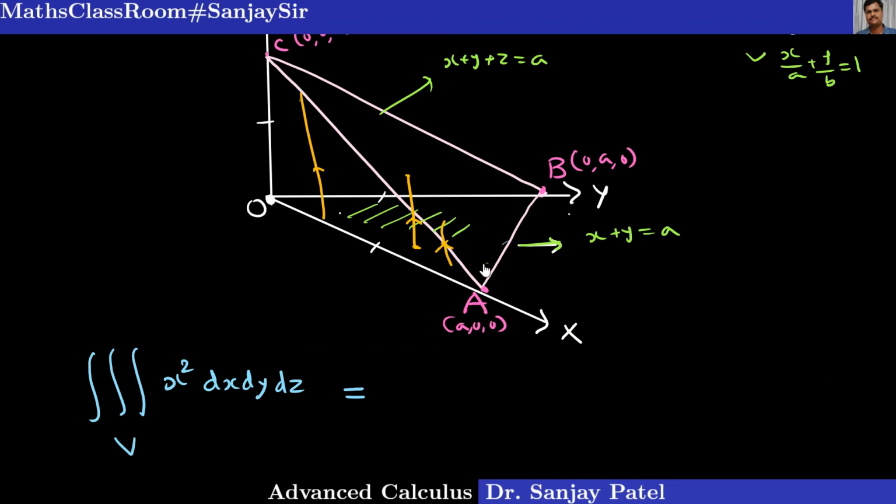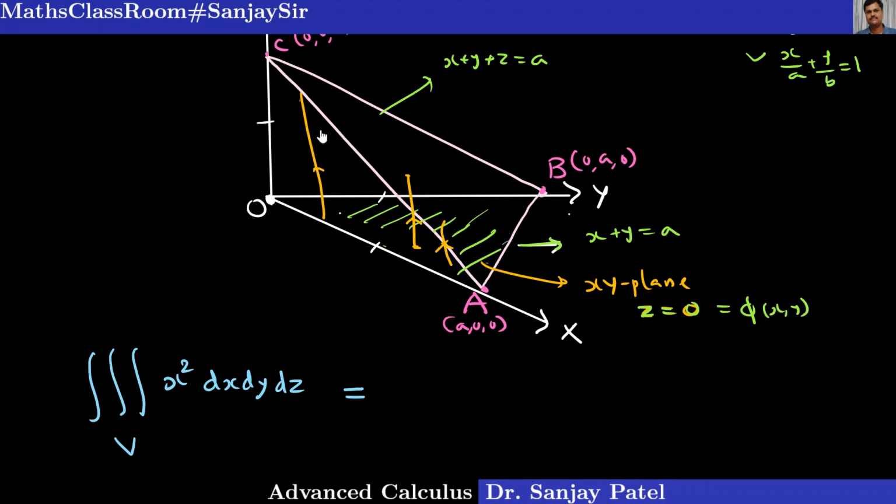This shaded region is the xy plane, whose equation you know is z equal to 0. So the lower end of this strip is the surface given by z is equal to 0, which you can say is phi of x comma y, a function of x and y.